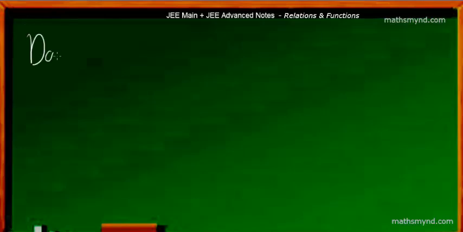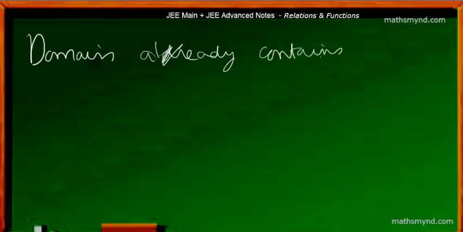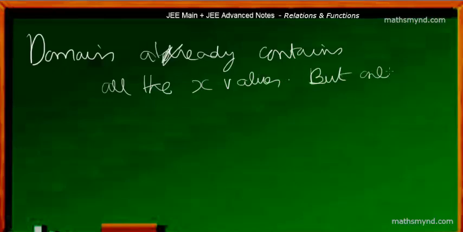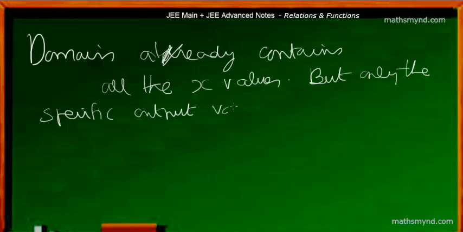The domain already contains all the input values, but only a specific set of output values, the y values, are present in the range.